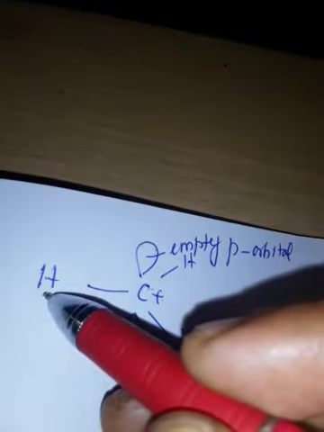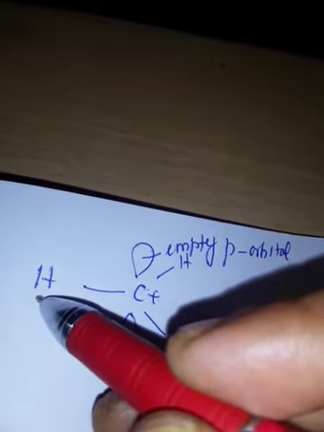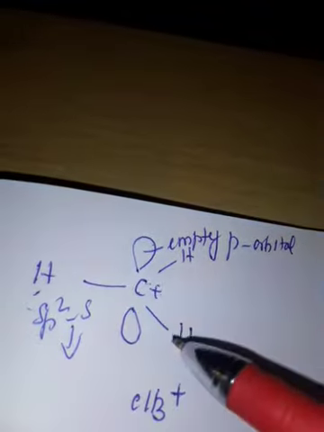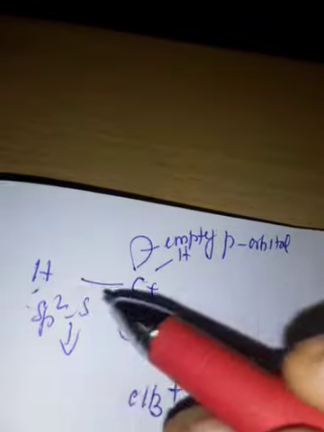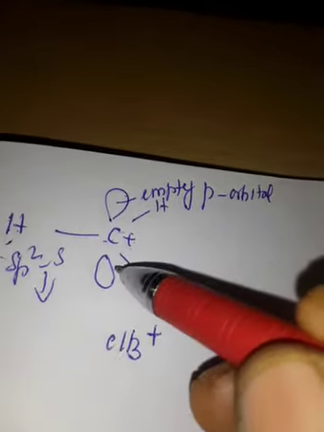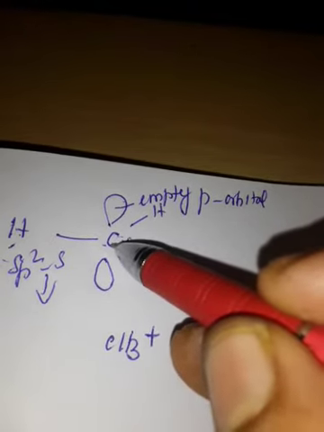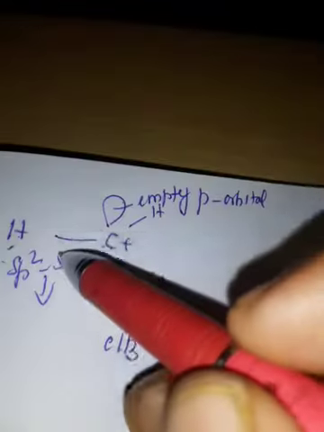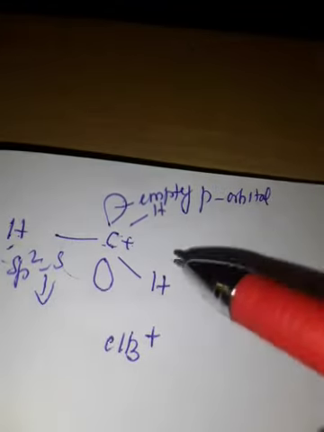This hydrogen has only one atomic number, that is 1s1, so it is an s orbital. This is sp2, this is s. So sp2 s overlap happened here. So in this carbocation, the carbon bearing positive charge is sp2 hybridized. Hence it has a planar structure lying in the same plane.